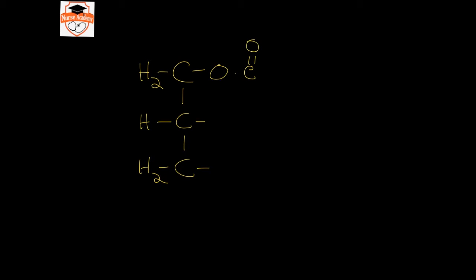Another type of lipid similar to a triglyceride is a phospholipid. A phospholipid is similar to a triglyceride in that it still has long chain fatty acids attached to this 3-carbon glycerol backbone. However, one of these spots is replaced with a phosphate group.